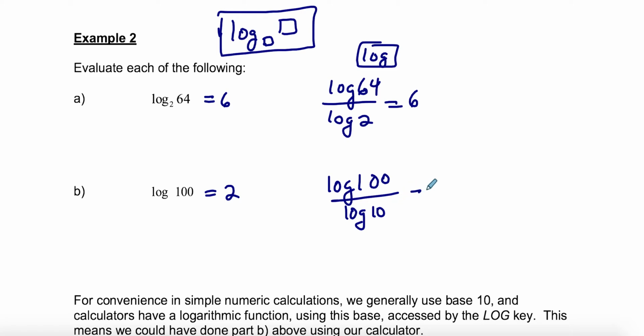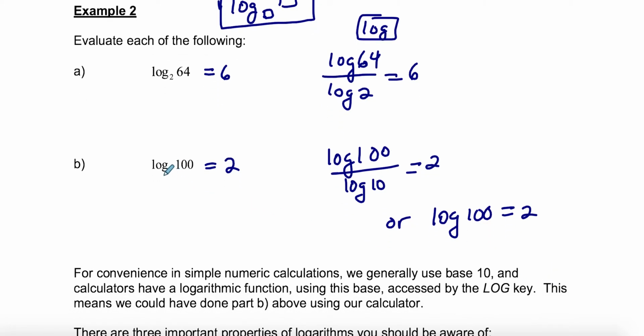Or, because the base is already 10, my calculator deals with bases of 10. I could have just typed in log 100, and it should also give you 2. So you could double check that on your own calculator. And hopefully that makes sense, because 10 to the exponent 2 is 100.